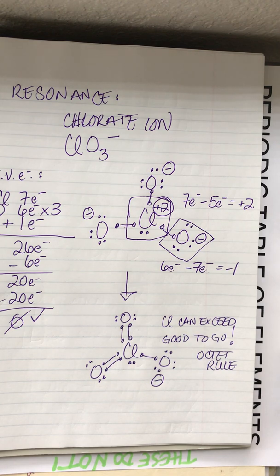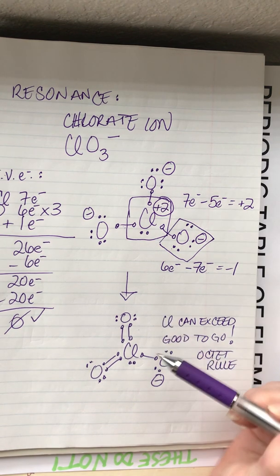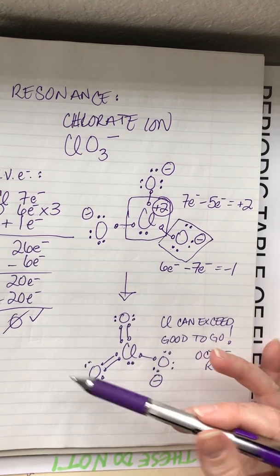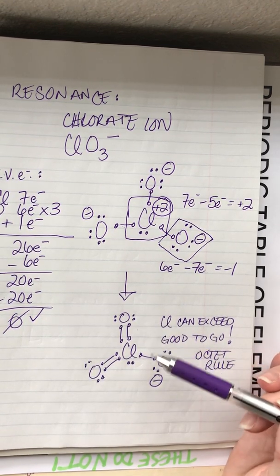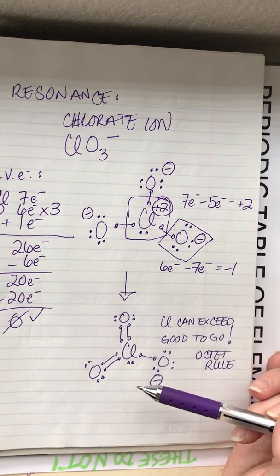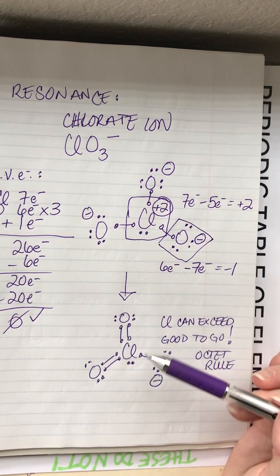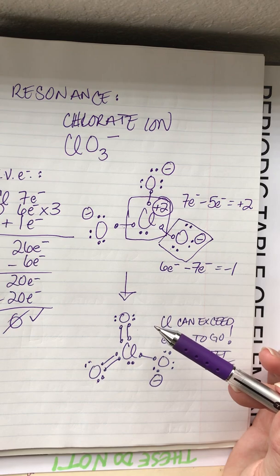Whenever you change the structure, you have to reevaluate everything, not just formal charge. So you have to do the octet rule again. We didn't do it here, but I think it's a good idea to just double check your electron totals, because when you start moving electron pairs around, it's really easy to accidentally add an extra pair in there somewhere.